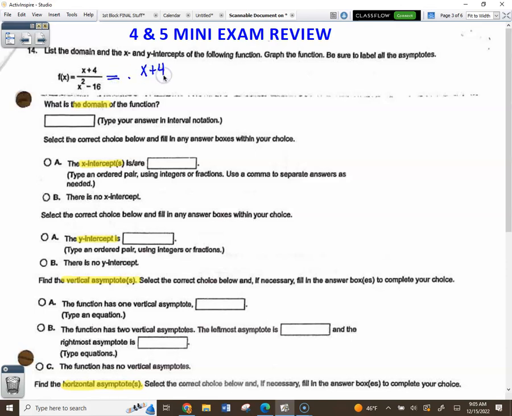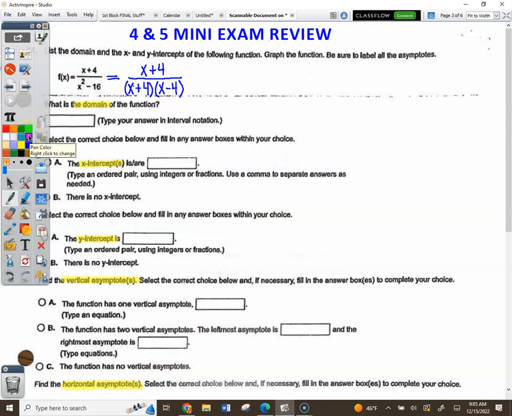Do y'all remember difference of squares? Difference of squares is when the 2 terms are perfect squares and the sign in between is negative. So x squared minus 16 factors to what? X plus 4 and x minus 4. There's the hole, right there.